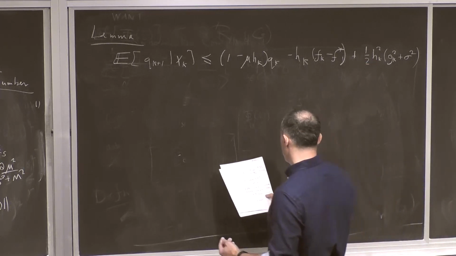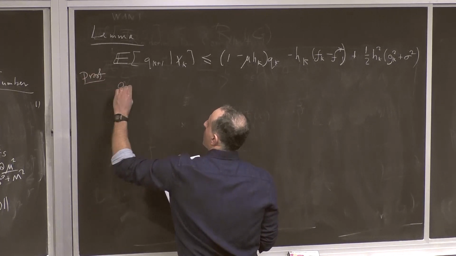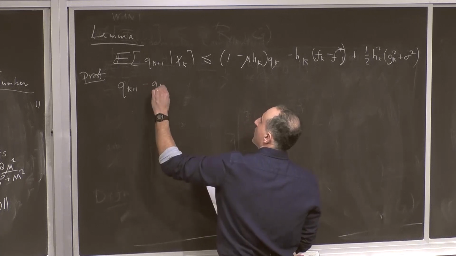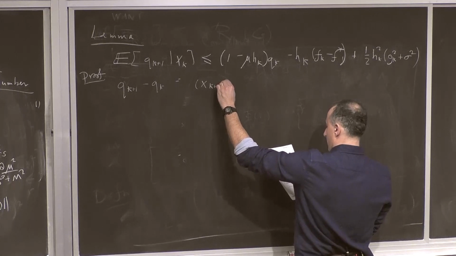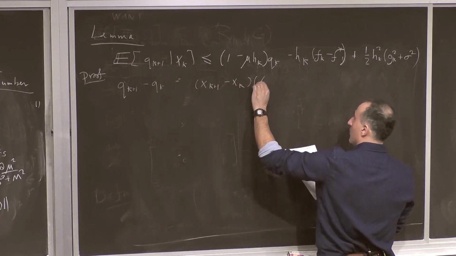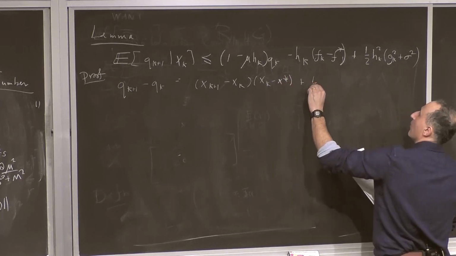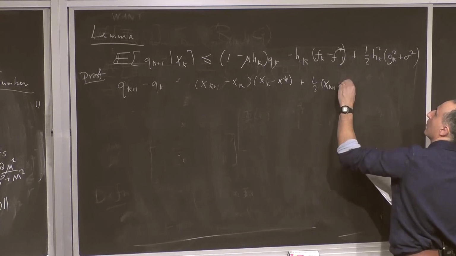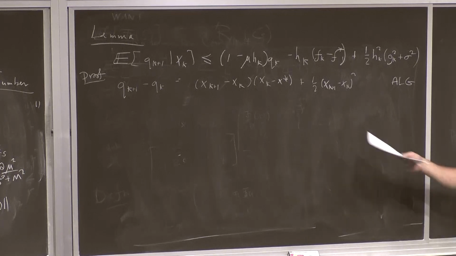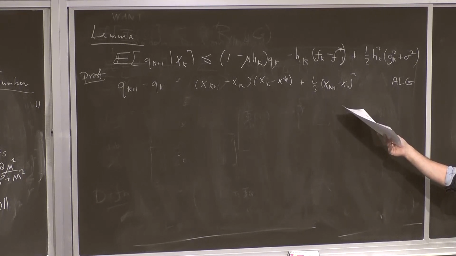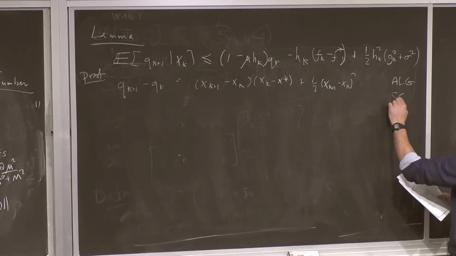The proof of this is pretty short. So let's subtract the qk's. And by algebra, this is just an identity. If you just multiply it all out, it's a quadratic function, so you'll see that this is true. But now we're going to use SGD.